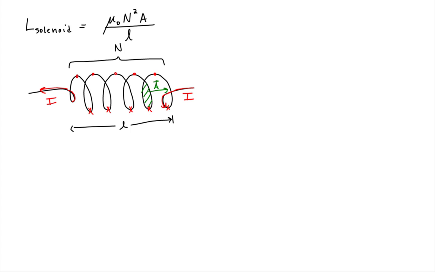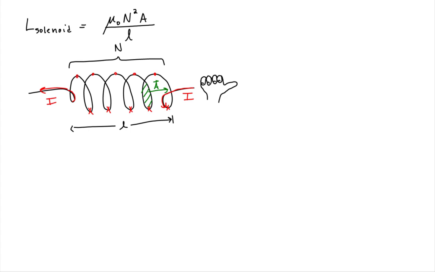And to determine the direction of the magnetic field, we could use the version of the right-hand rule that says curl your fingers in the direction of current. And so we're going to take the fingers of our right hand. We are going to curl them in the direction of the current.